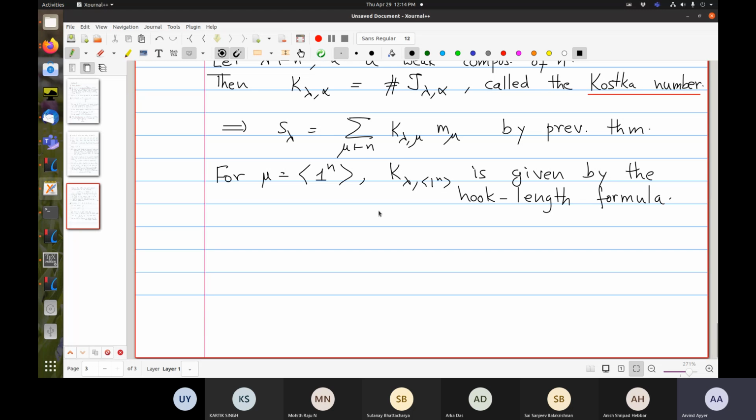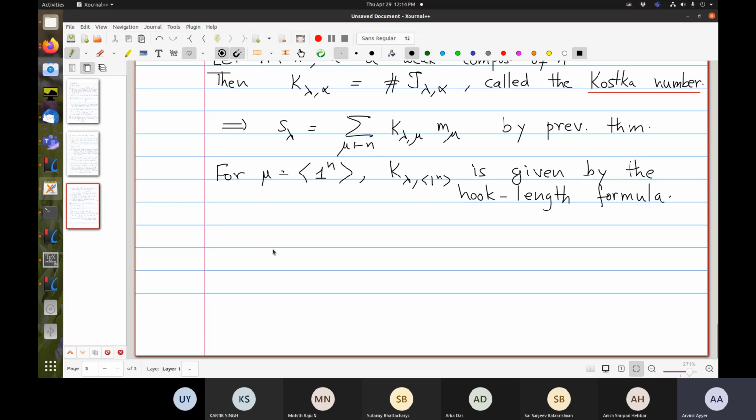Okay, so now I want to claim that these in fact form a basis. So to do that, I'll state a result which I won't prove, but which is not too hard to prove.